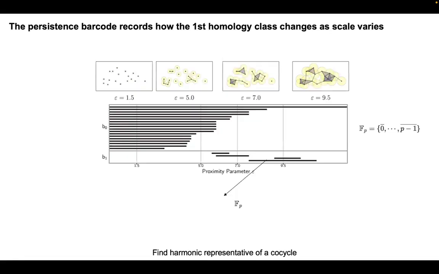So the persistent barcode records how the first homology class changes as the scale varies. For example, cycles will be generated when we vary the scales, but they could also die when we enlarge the scales. So the barcode exactly captures that moment.